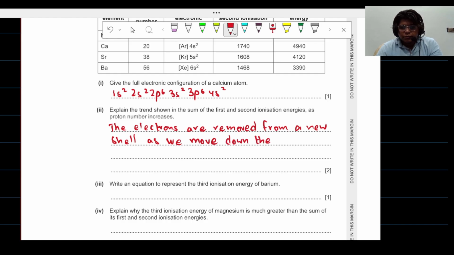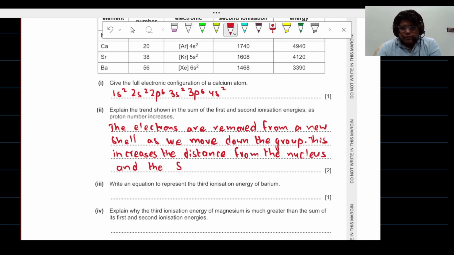This increases the distance from the nucleus and the shielding electrons. Right, so this is the explanation for this trend.